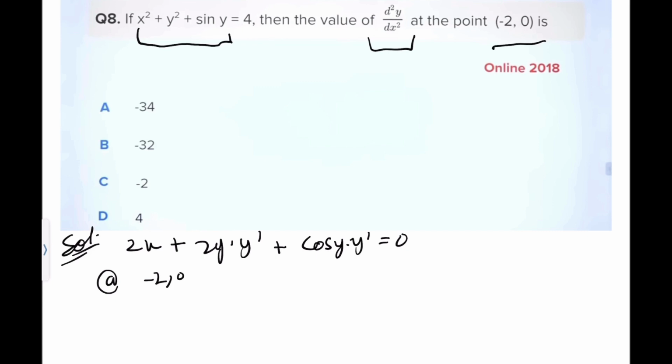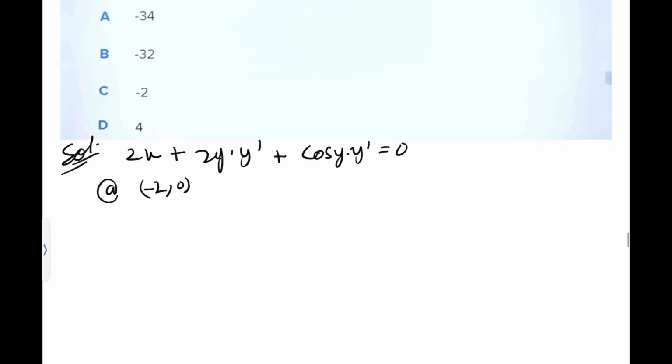At (−2, 0), this will be −4 + 0 + cos 0, which is 1, times y' equals 0. So our y' value will be 4.